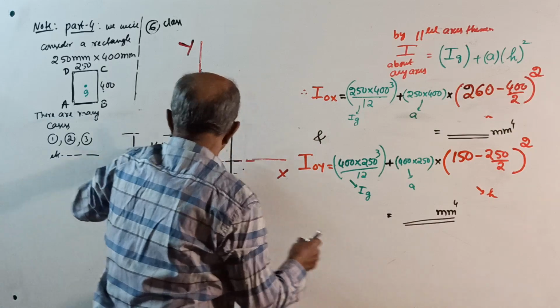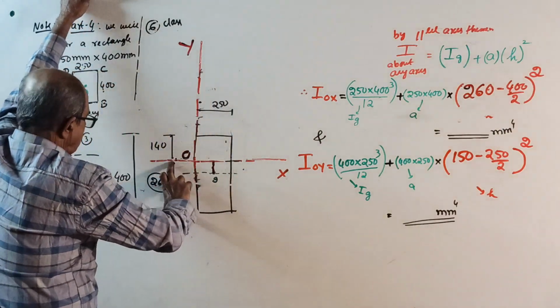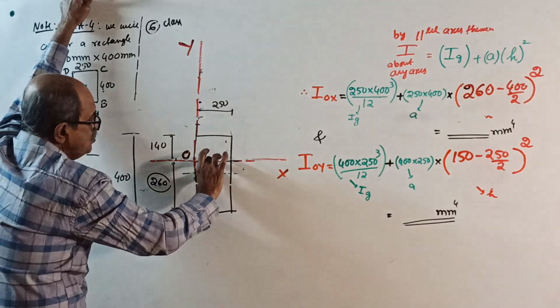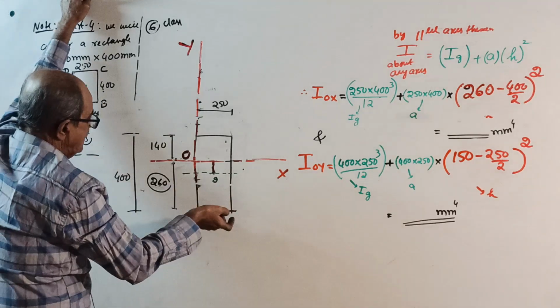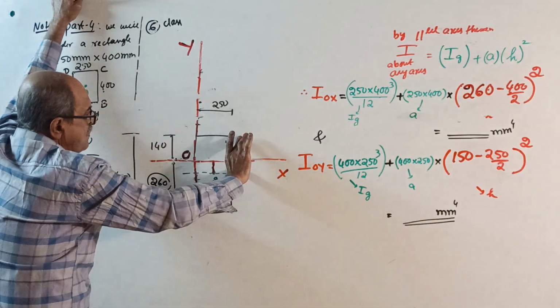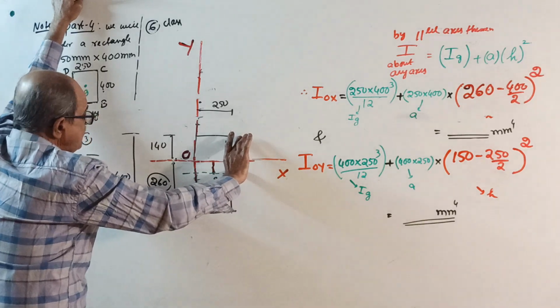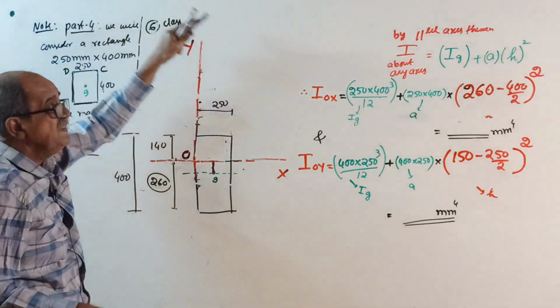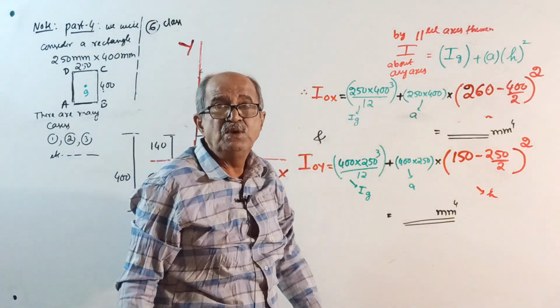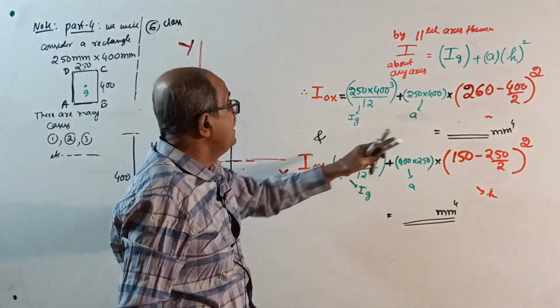This is 260, this is 400, so the center is 400 by 2. Or you can do 400 by 2 minus 140 whole square. Both are same.